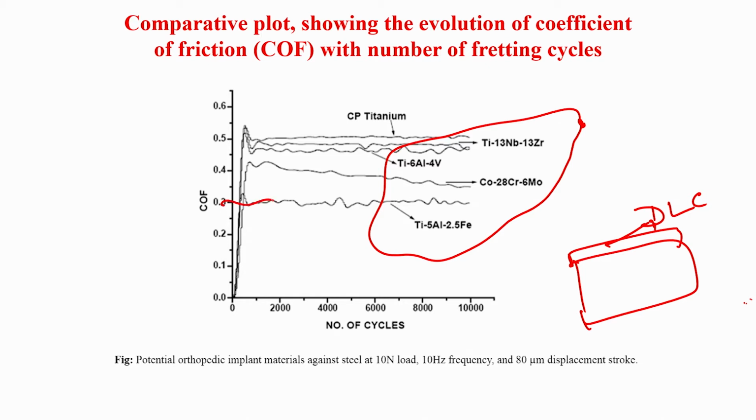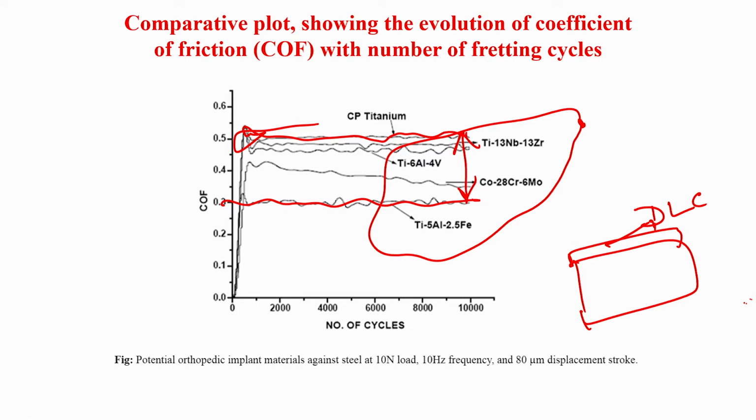For example, with titanium 5% aluminum, 2.5% iron, one can get a coefficient of 0.3, but for commercially pure titanium it is around 0.5. So, there is a clear and distinct advantage of using titanium-based alloys in biomedical applications, because one can bring down the coefficient of friction from 0.5 to 0.3.